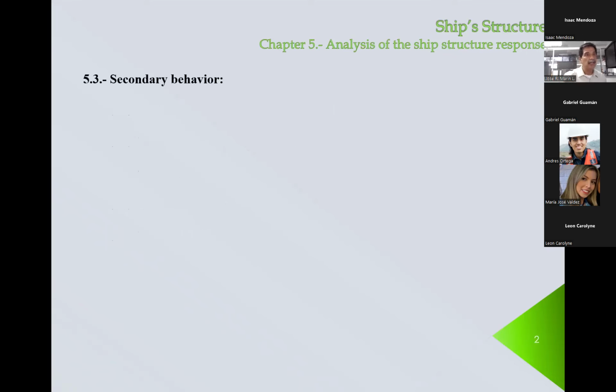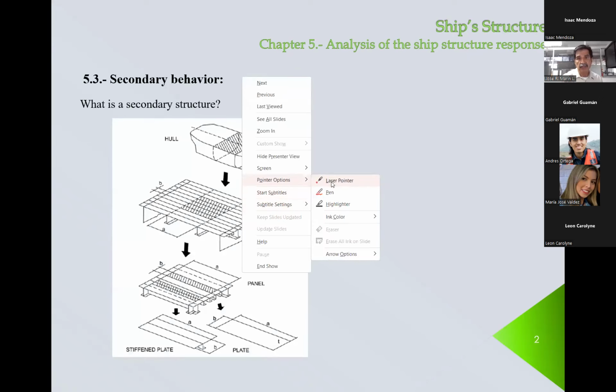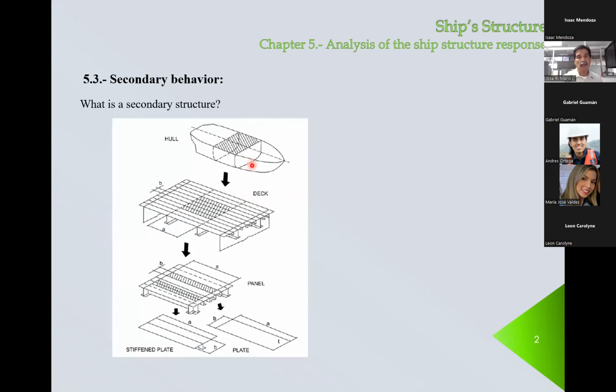Before we do that, in general, here we have a photograph or a figure to identify what we consider a secondary structure. Here we have the hull of a ship, and you can identify this and this. What are these and that? Anybody? What's the name of these elements?